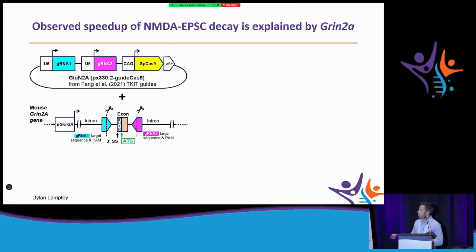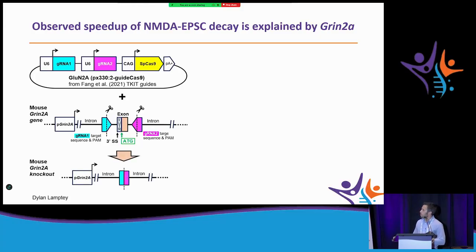And expression of this in cells, usually co-expressing another plasmid that lights the cell up green for us, we can then see that those cells should have the exon excised, and then NHEJ repair mechanisms should essentially rejoin those introns without that exon, and so knock out the GRIN2A gene.